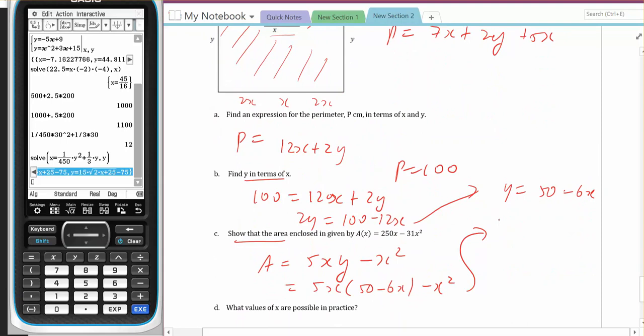We've got 5 times 50, that's 250x, minus 30x squared, minus x squared. So therefore the area would be 250x minus 31x squared. Now, if you didn't get that, that's fine.